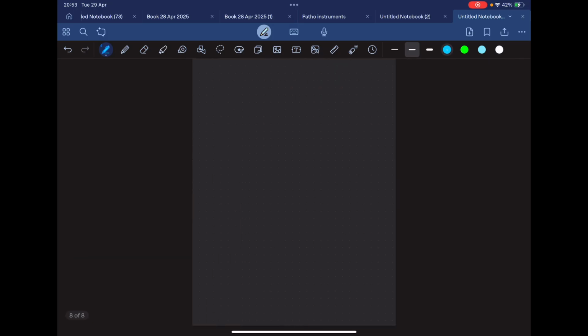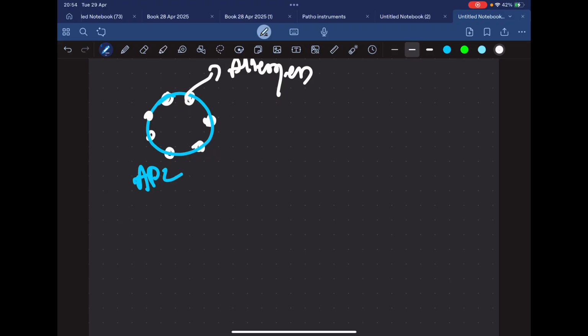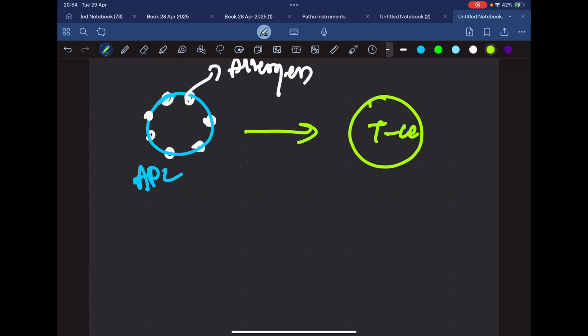As the APC, antigen presenting cell, presented the allergens on its surface, in the next step this antigen presenting cell is going to activate the T cell, presenting the allergen to the T cell.